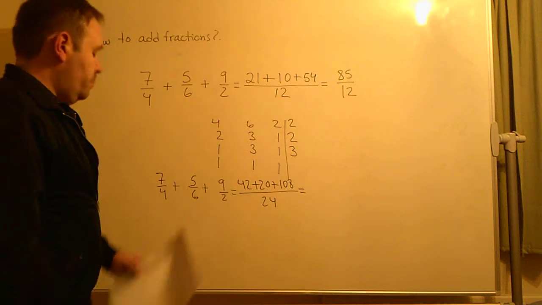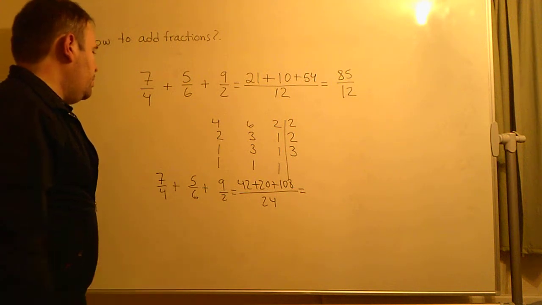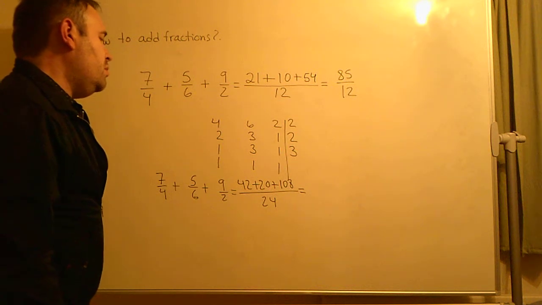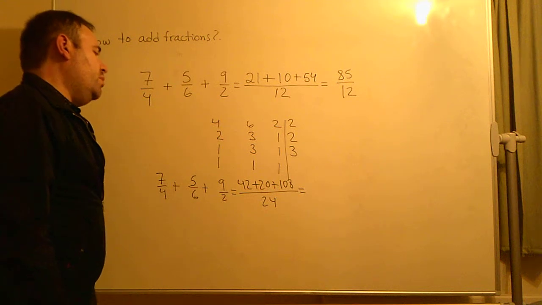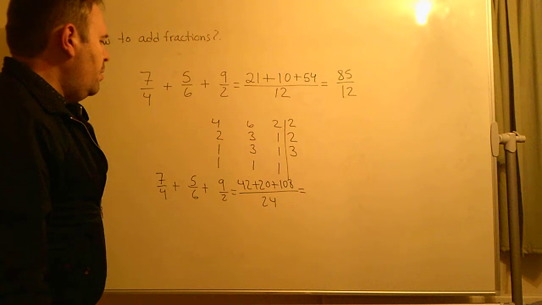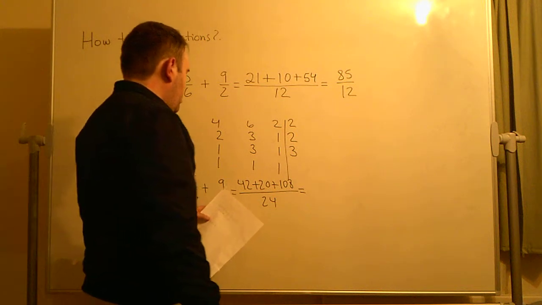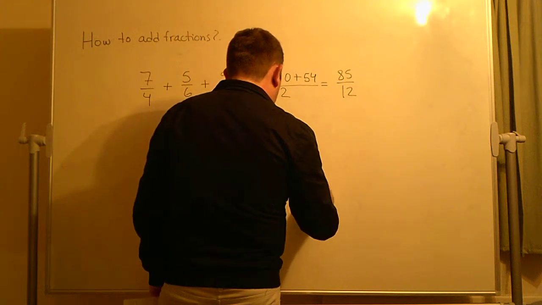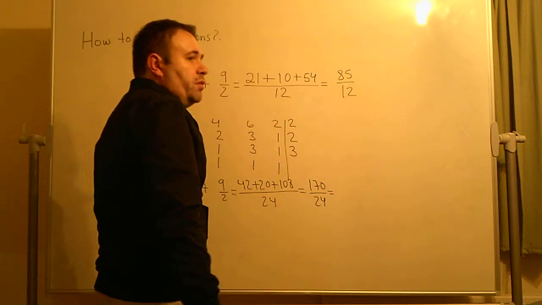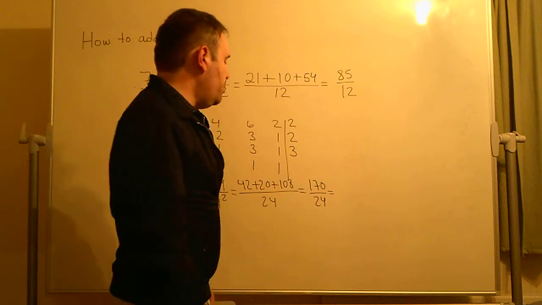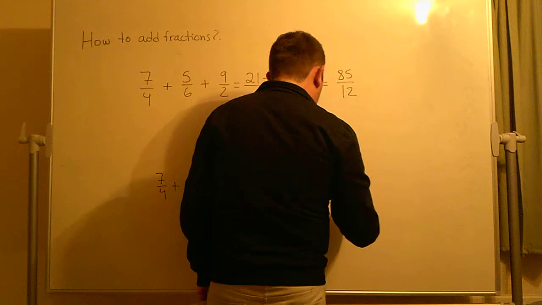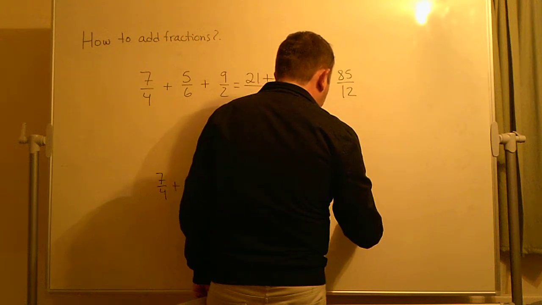And then 42 plus 108 is 150. And then plus 20, 170 divided by 24. Now 170 turns out to be equal to 2 times 85, and then 24 is equal to 2 times 12.